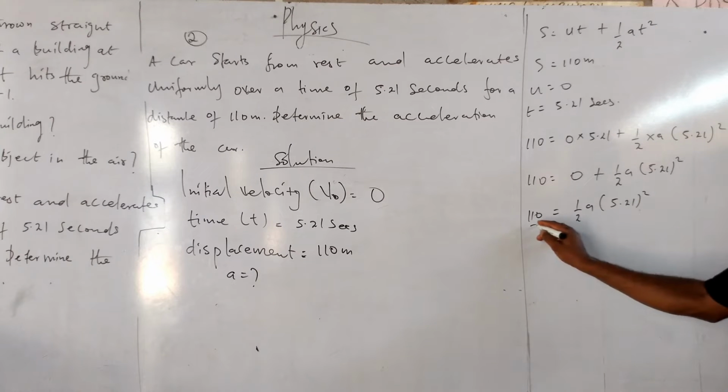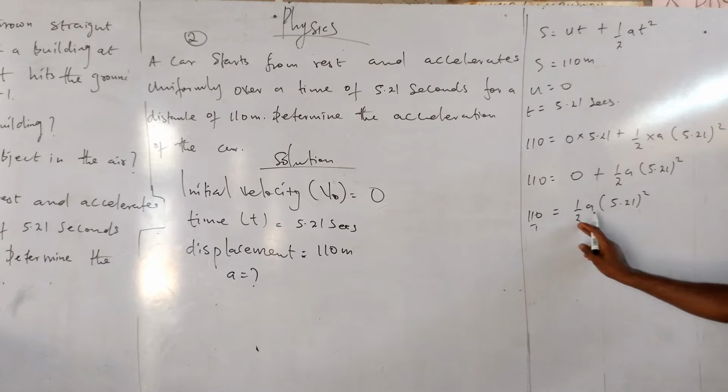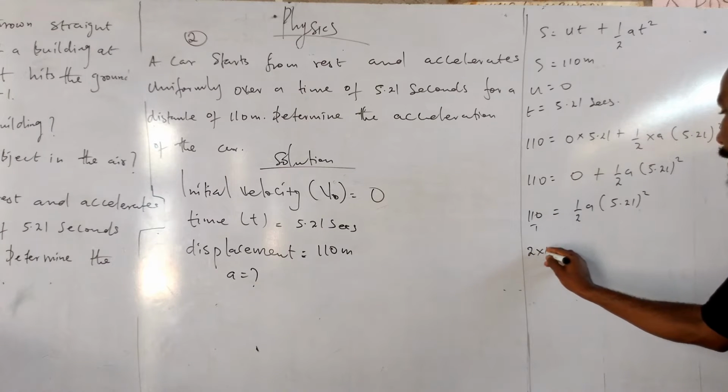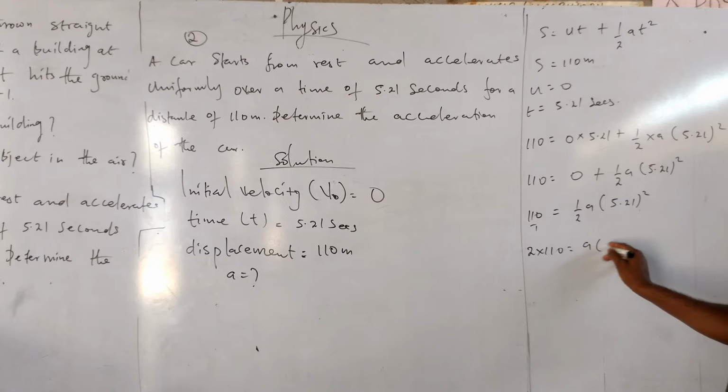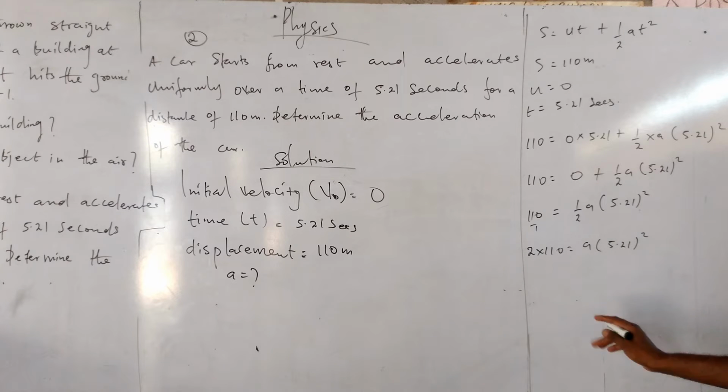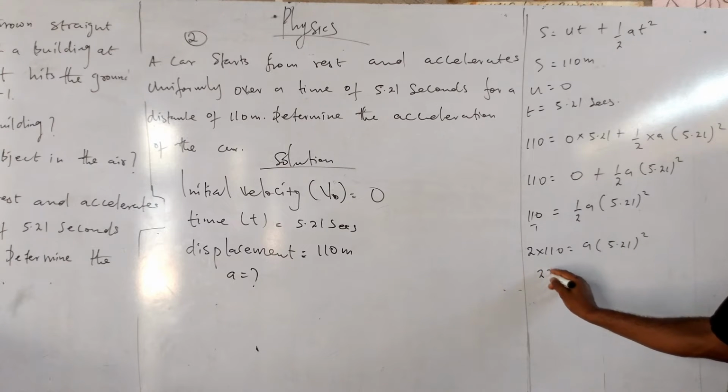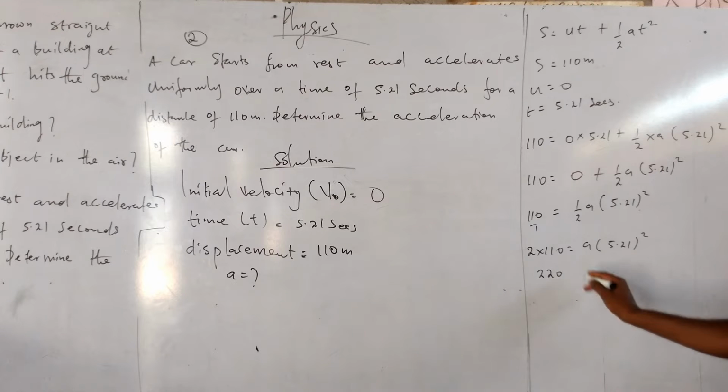So basically what I'll do here is I'll cross multiply. So 2 will times 110. 2 times 110 will give me 220 equal to a times 5.21 all squared.